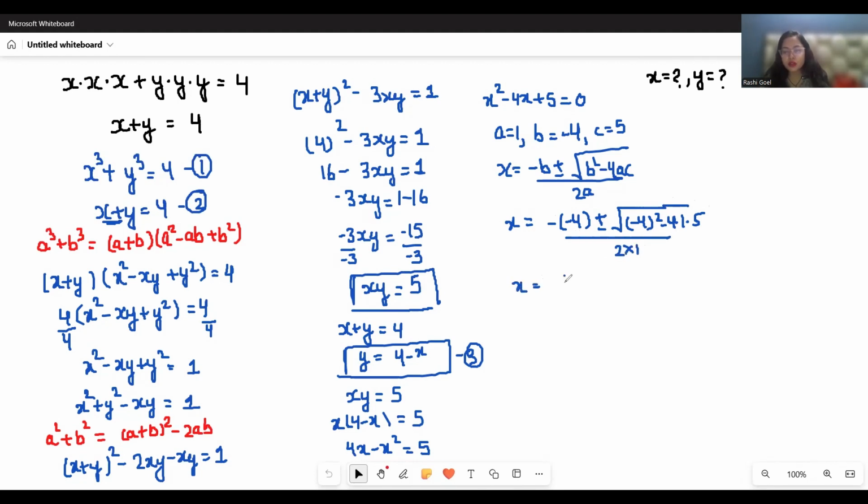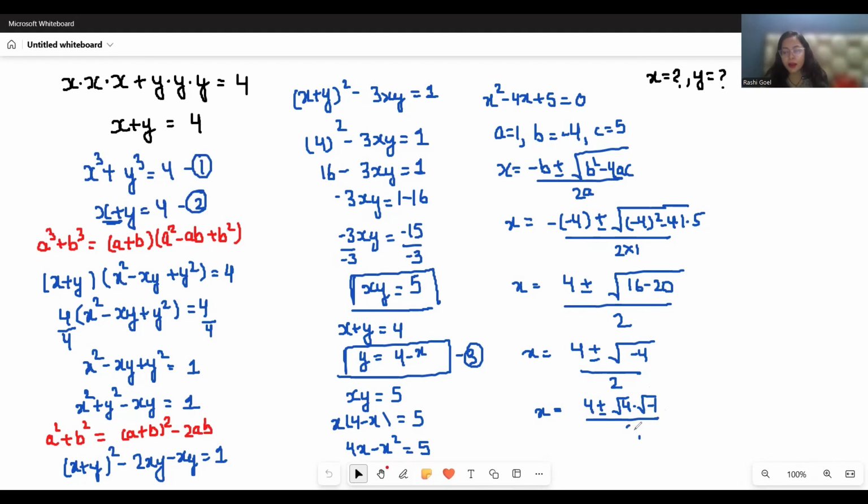So x is equal to 4 plus minus under root 4 square is 16 minus 20 by 2. So x is equal to 4 plus minus under root minus 4 by 2. So x is equal to 4 plus minus, we can write this as under root 4 times under root minus 1 by 2.